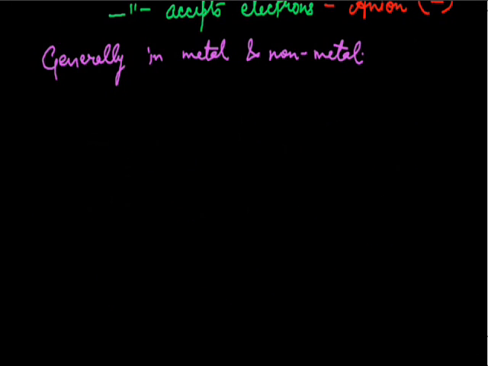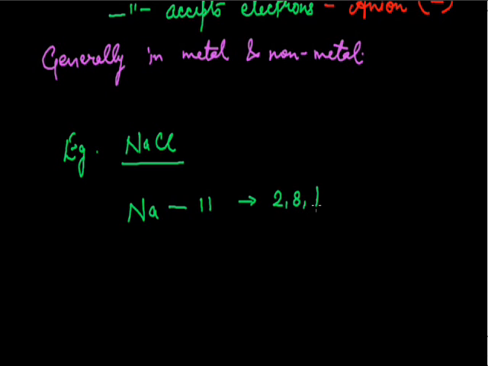Let us understand this type of bond by considering an example of formation of NaCl molecule. In NaCl, first of all, let us draw the Lewis structure for sodium metal. Sodium, having the atomic number 11, has the configuration 2, 8 and 1. So it has one electron in the outermost shell, and this electron is the valence electron for sodium.